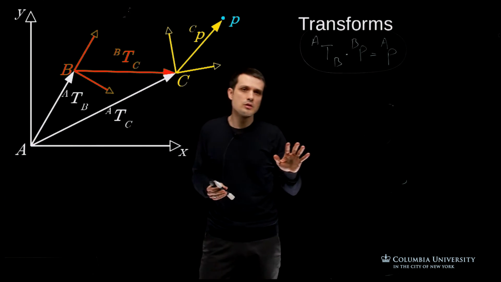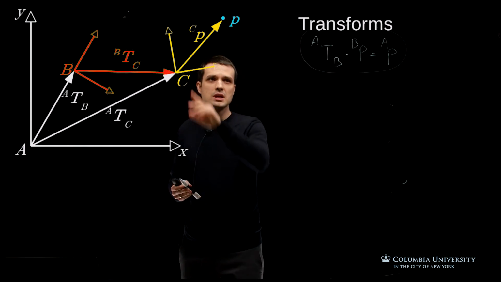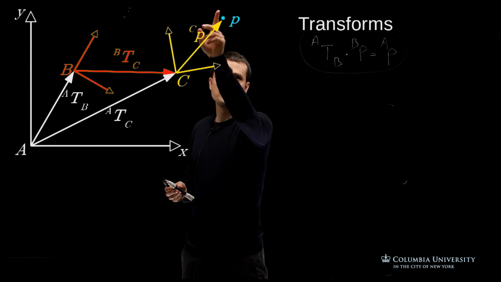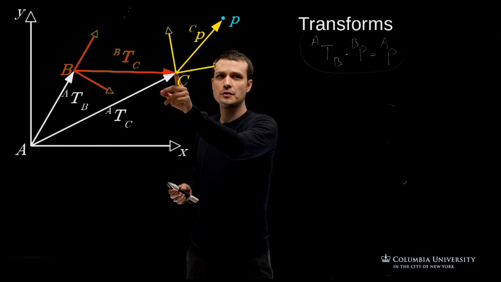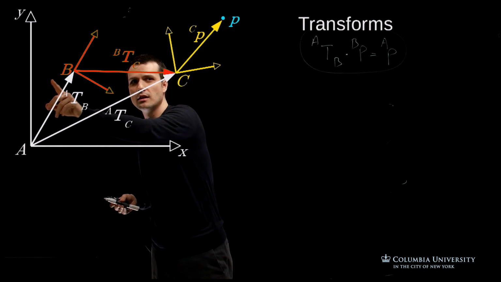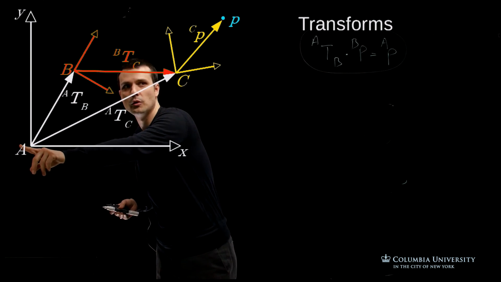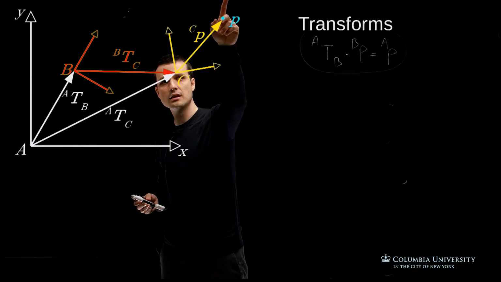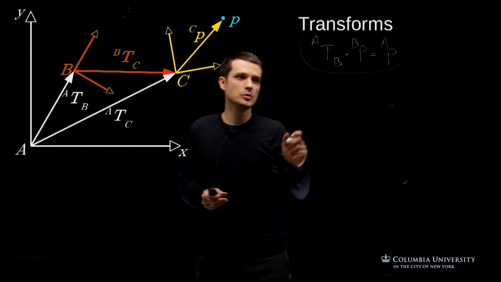Note that we can chain these, right? So let's say that we have a point P that's observed by a camera in coordinate frame C. The camera is at the end of a robot that has at the base coordinate frame B, but then we have a different coordinate frame from the world, A. And we'd like to know the location of point P with respect to coordinate frame A. Again, the same rule applies.